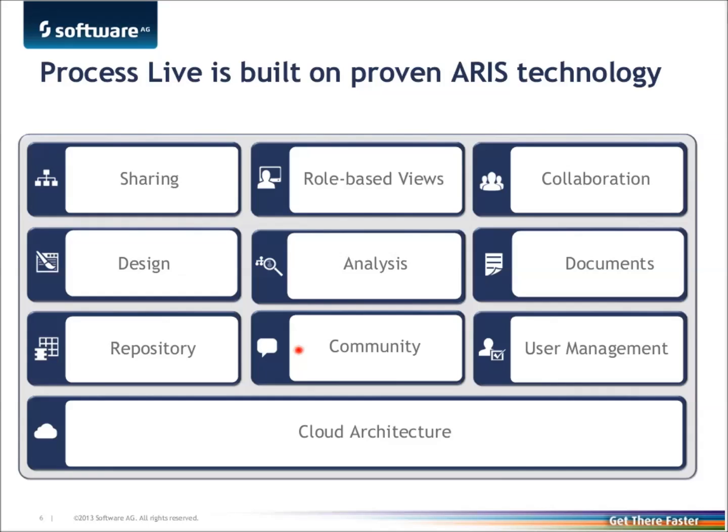We have a huge member base, but we also have Software AG cloud workers who are active in that community to answer technical questions or questions around a project. And we are about to open quite a lot of groups for different industries and different topics, and spark discussions here and really create a lot of thought leadership content in Process Live.